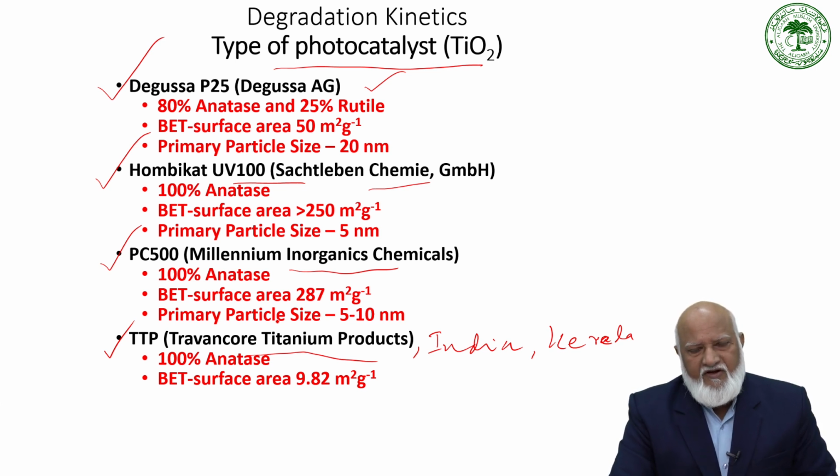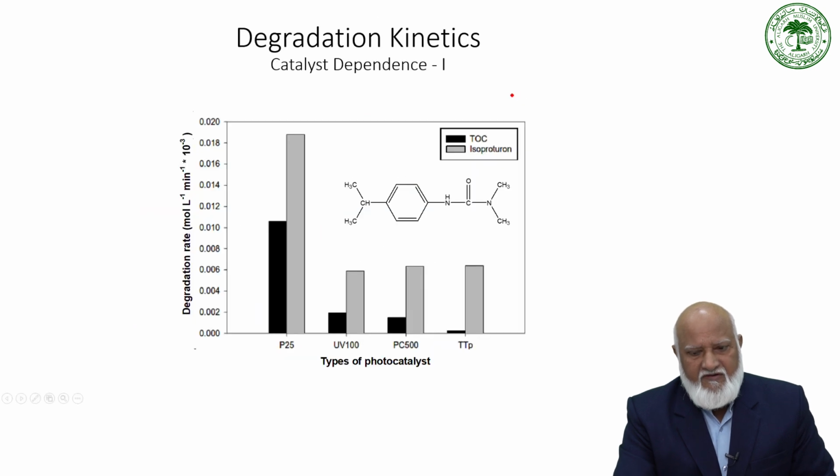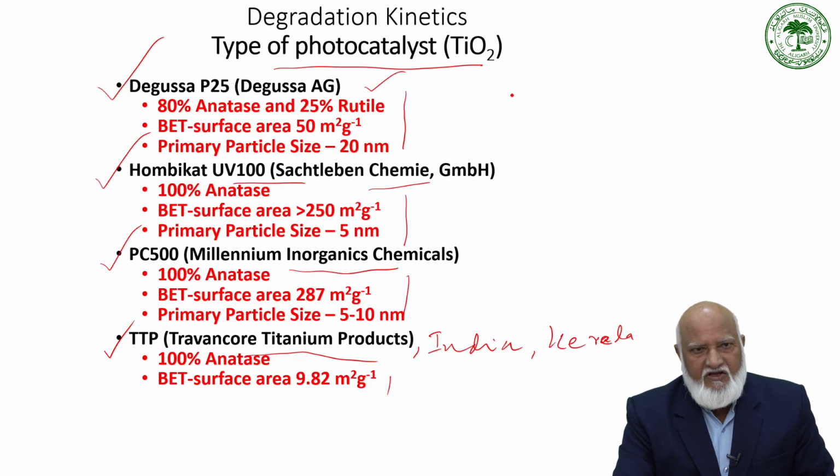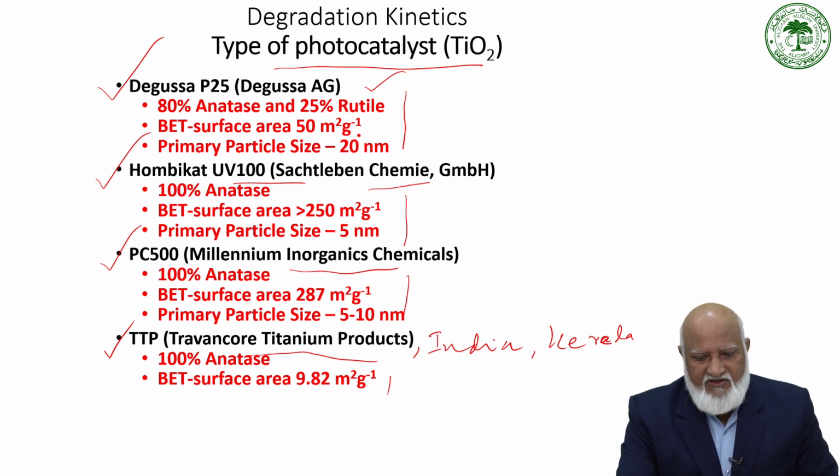We tested them for degradation of different compounds such as pesticides and drugs, just to see which form of titanium dioxide is most active. As you can see, these samples have different compositions. The first one, Degussa P25, is a mixture of 80% anatase and 20% rutile, with a BET surface area of 50 square meters per gram and a particle size of 20 nanometers.